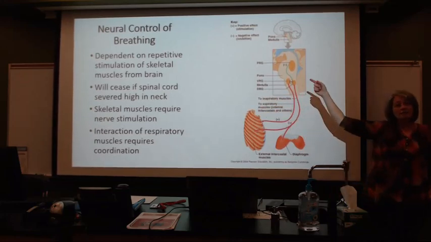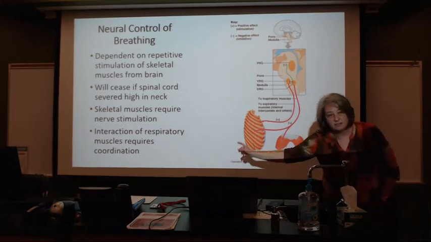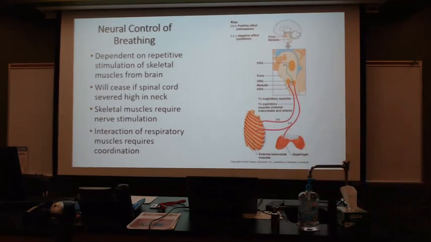So we're talking at the level of C1 and C2 for this nerve connection. That's why people who suffer the severance of the spinal cord at that level tend to die. You can survive a severing of the spinal cord at C3 and lower better than you can at C1 and C2. I'm pretty sure none of you are familiar with the original Superman.